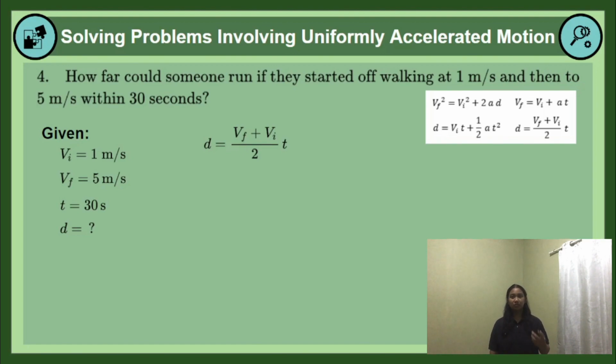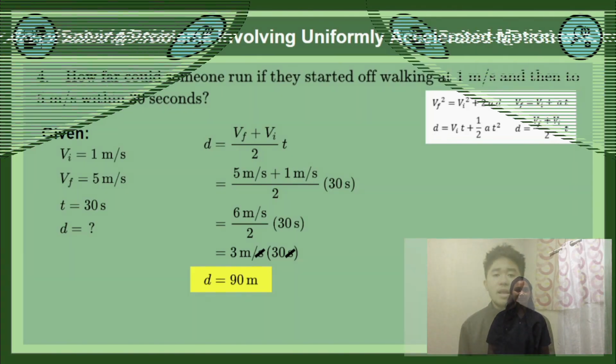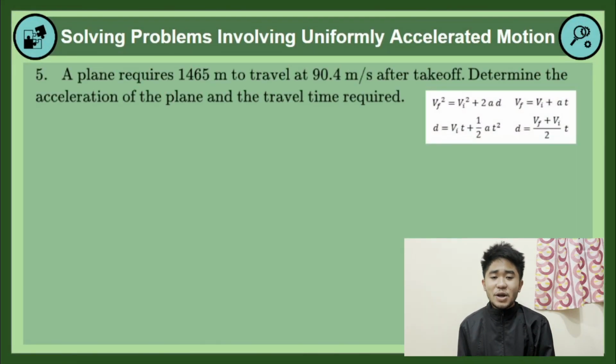Next, substitute the values and apply the operations. 5 meters per second plus 1 meter per second is 6 meters per second, divided by 2 is 3 meters per second, times 30 seconds is approximately equal to 19 meters, which is the final answer. For example number 5, a plane requires 1,465 meters to travel at 90.4 meters per second after takeoff.